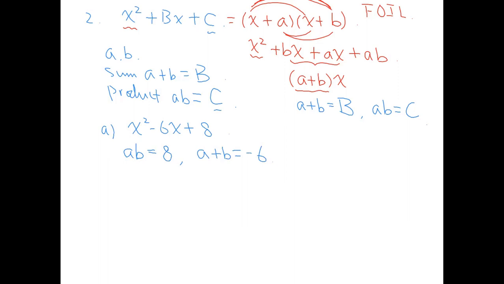Since the product of a and b is 8, a and b are both positive or both negative. So we factor this 8: it is either 1 times 8 or 8 times 1, and it doesn't make any difference.